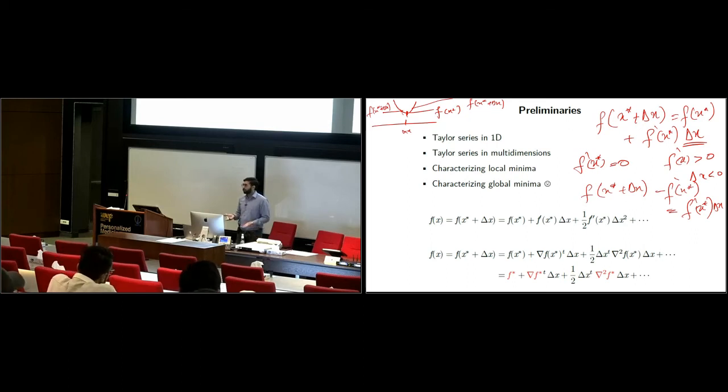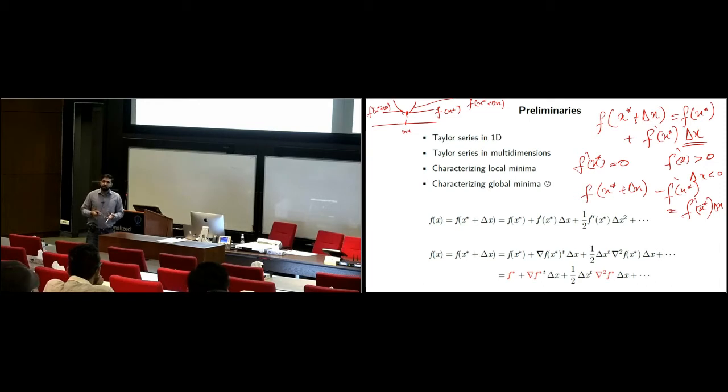Otherwise it would not be a minima if you have a point which is less than that. And we can see that for any other value of the derivative, either less than or greater than 0, you can find a delta x which will break that condition. That's why the first derivative of a function has to be 0 in order for it to have a maxima, a minima, or a point of inflection. Does it make sense? Okay.